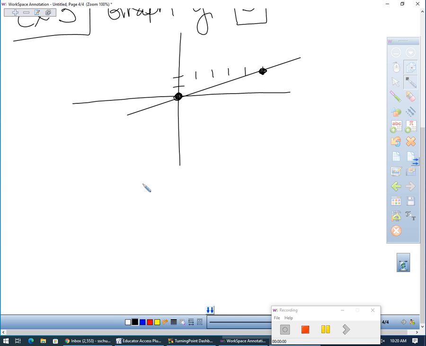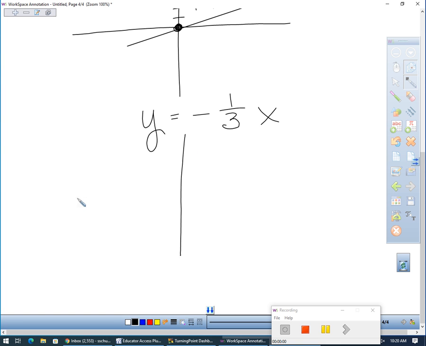How about if we graph y equals negative 1/3 x? So where do we put our first dot, Corbin? We start at the origin with our first dot. Now, we do rise over run, but we have to go down because it's negative, right?